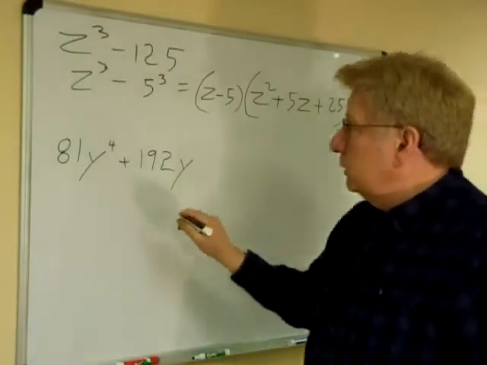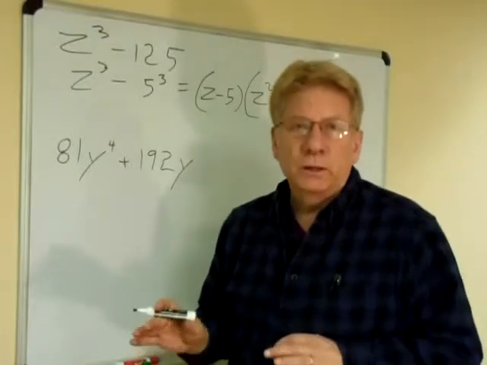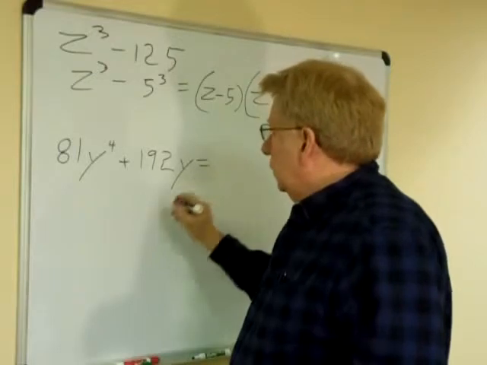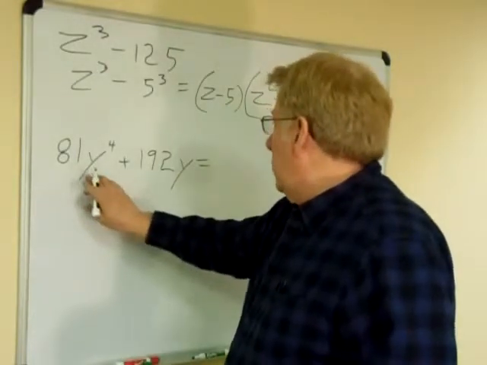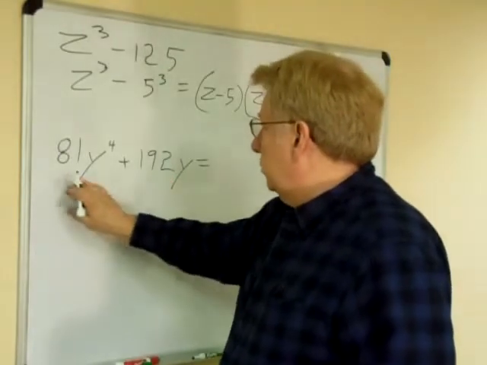Now let's take a look at this one. This one is going to require that we look at a greatest common factor first, and then see where it goes from there. So the first thing I'll do is I'll take 3y. I have y in both terms, and both are divisible by 3.